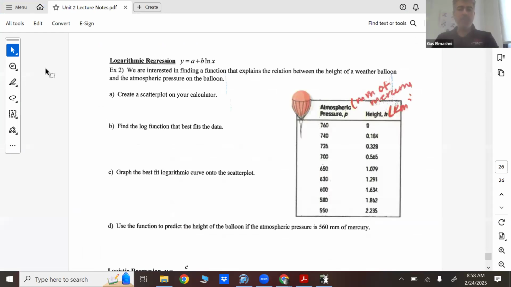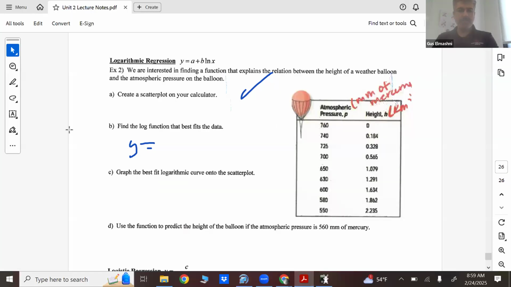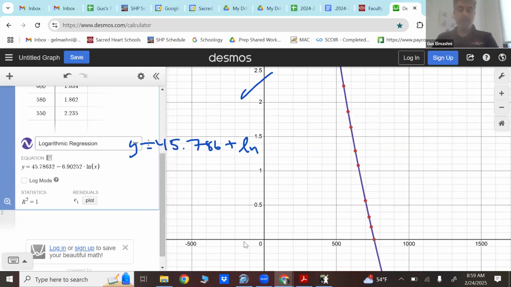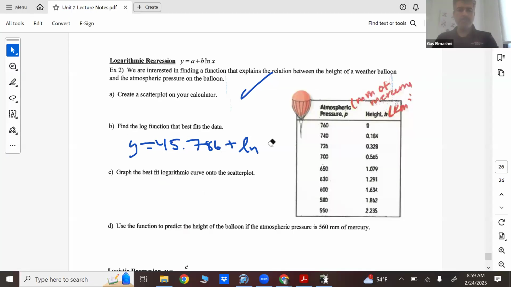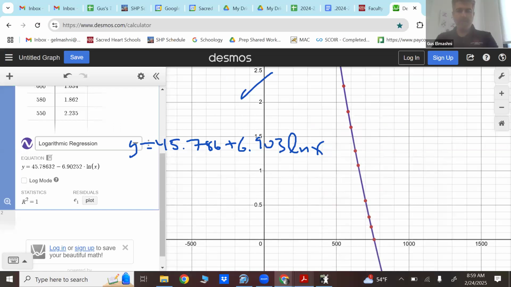So I create a scatter plot. Check. I found the log function, which is y equals 45.786 minus 6.903 times ln x.